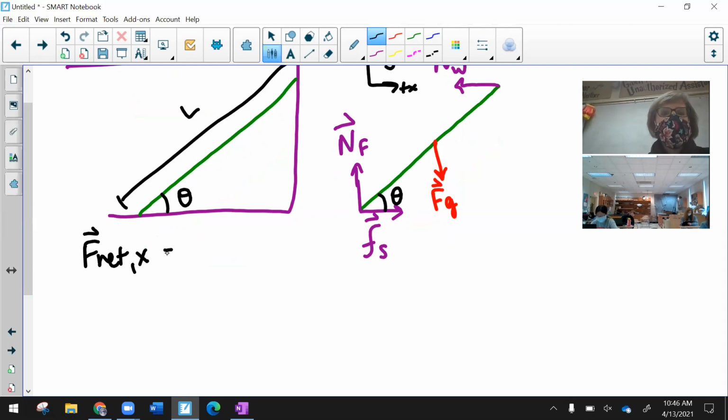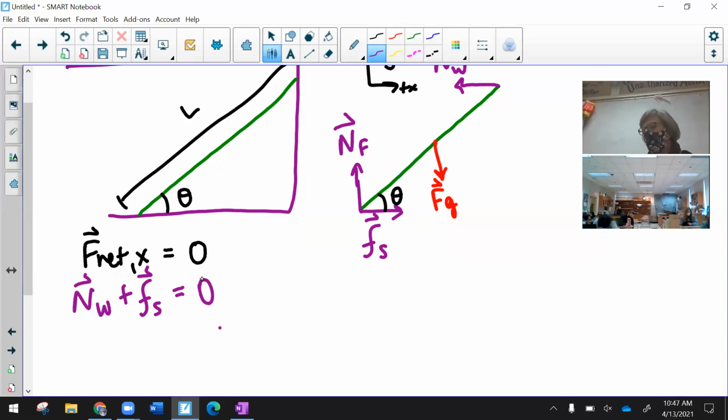Okay, so F net X is going to be equal to 0. That's one of my criteria for letting things stand still. So I add up all my forces in X. I have the normal force from the wall and the static friction force, and those have to add up to 0.